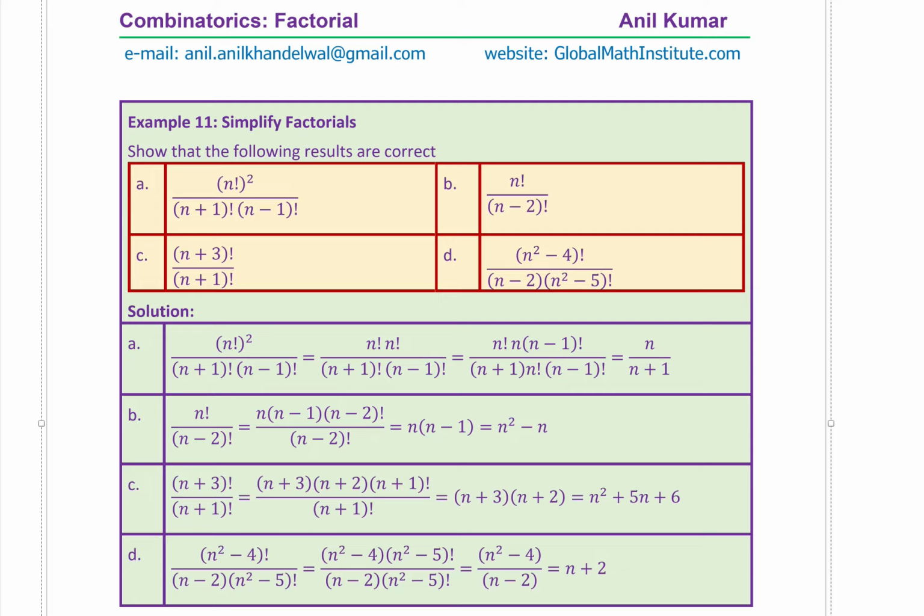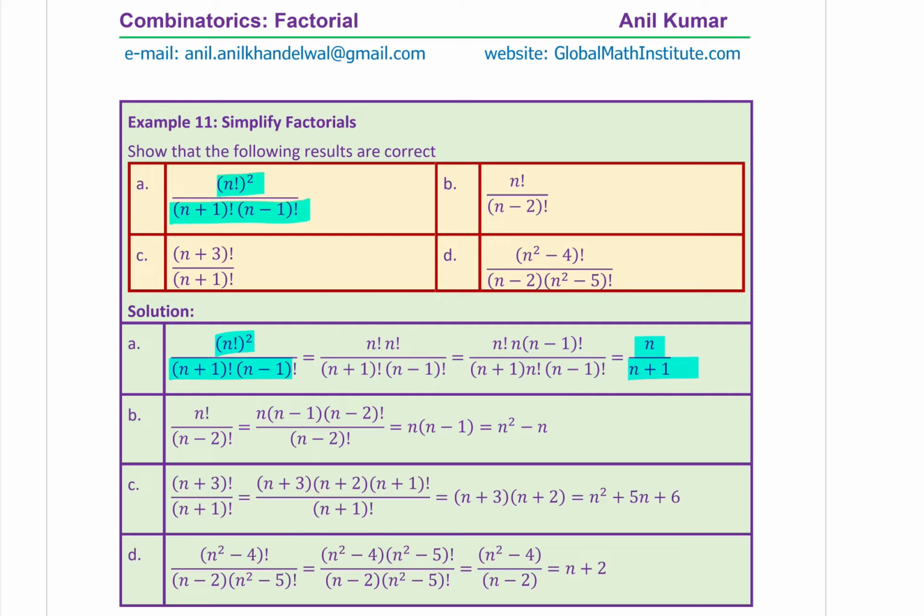Our results, I didn't write the answers here, but we solved, for example, the first one, which is n factorial squared divided by (n plus 1) times (n minus 1) factorial is equal to n over n plus 1. That is the result which should go in your notebook in a particular order as I have written here. That is going to help you a lot in coming chapters also. Perfect. Now let's talk about its proof first and then we'll move on.